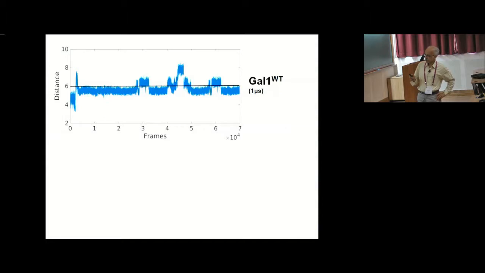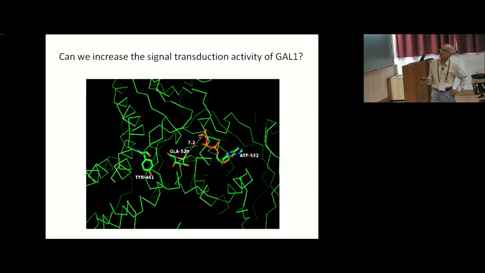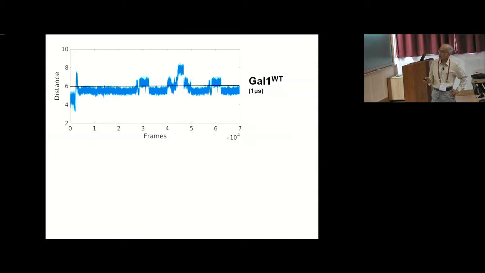This is what you observe here. This is a normal wild type GAL1. So what we plot here is this distance as a function of time, and the protein goes through motions, conformational changes. Whenever it goes above this distance, it cannot catalyze.